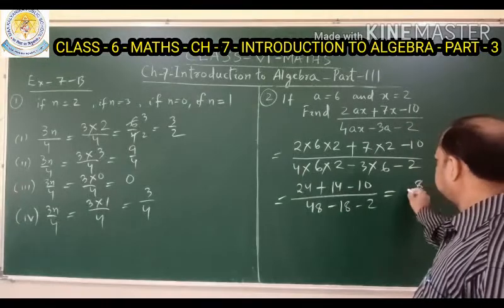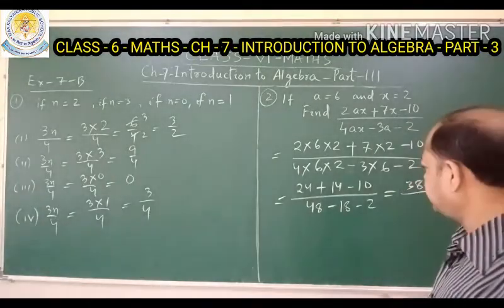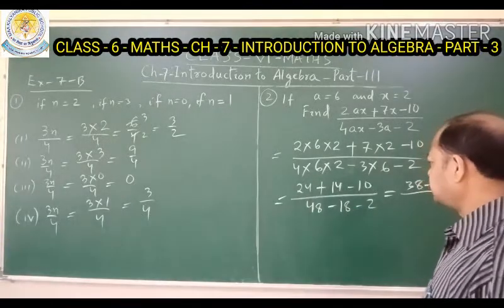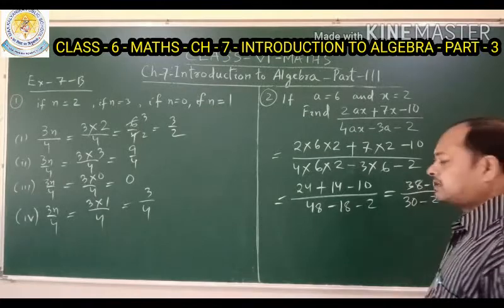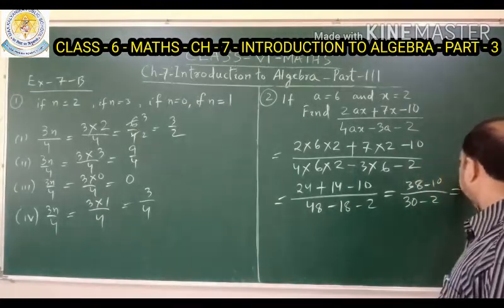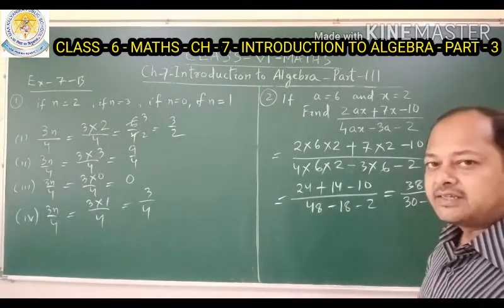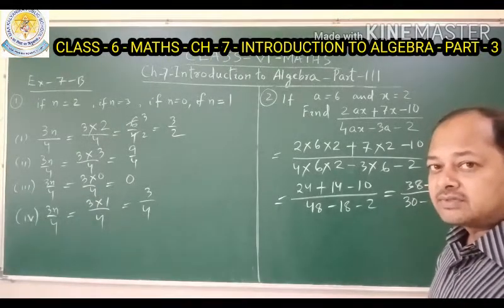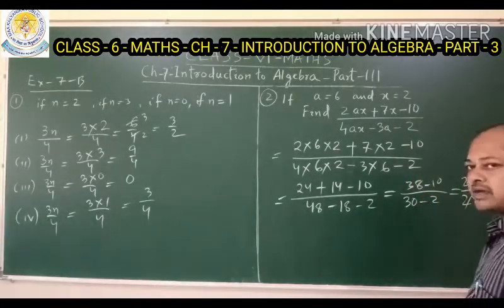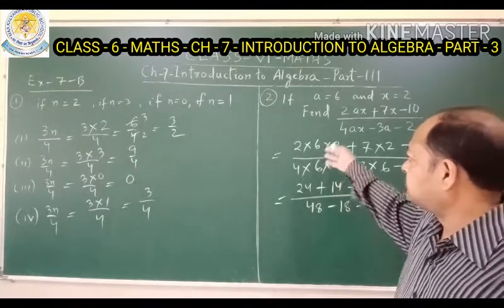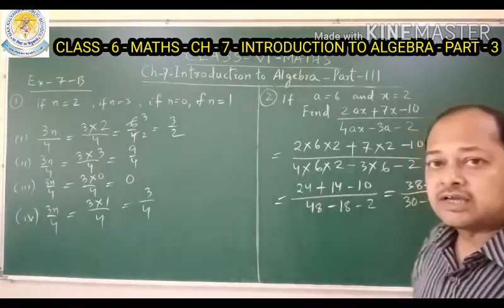That is 38, minus 10, upon 48 minus 18. That will be 30, 30 minus 2, and 38 minus 10. That will be 28 upon 28. So you got 28 over 28. So what will the answer be? Yes, that is 1, because 28 cancels, that will be 1. So with the substitution method applied in this algebraic expression, we got the value of 1.